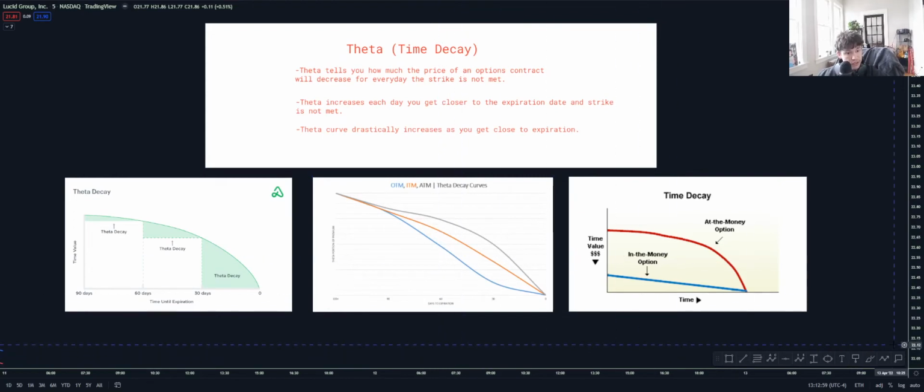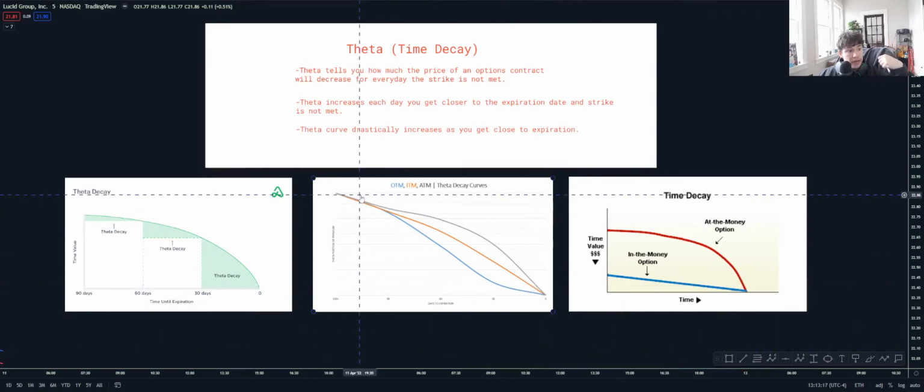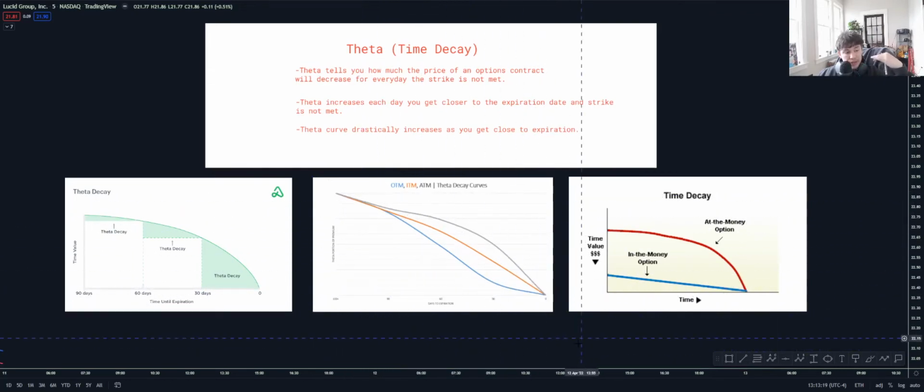Here's a graph that shows out of the money, in the money, and at the money contracts, and that decay curve for each. We can see this is our out of the money curve, our in the money curve, which is a more steady decline, and then our at the money contracts have the highest rate of decay as we near that expiration date, whatever that may be.